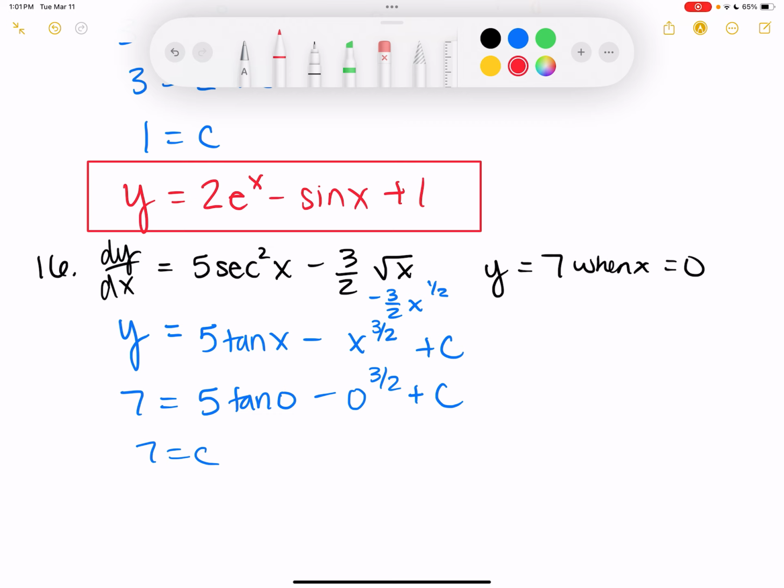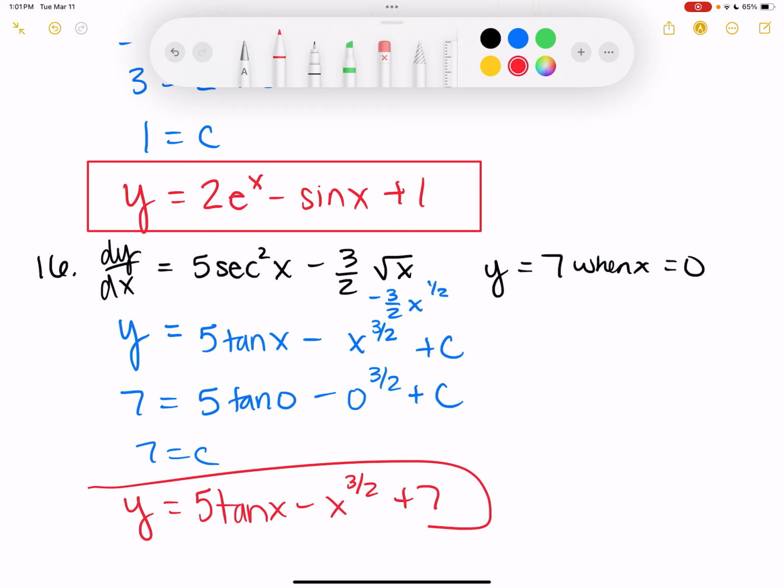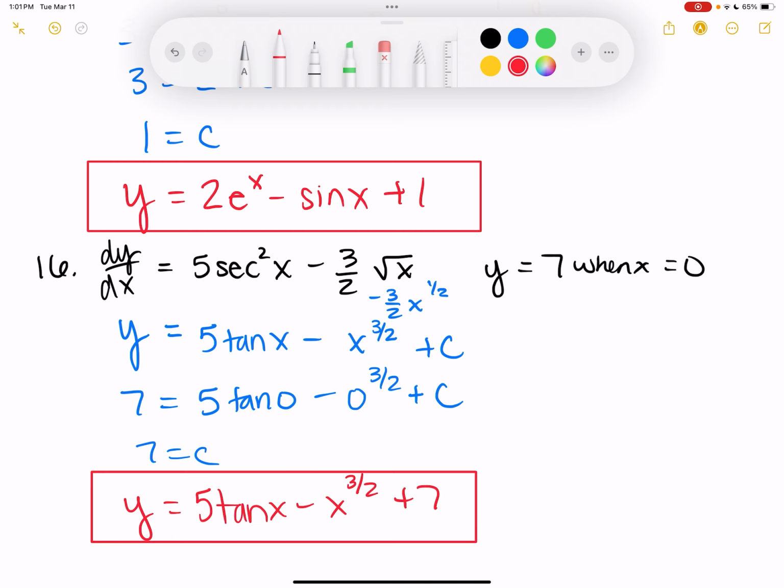So then y equals 5 tangent of x minus x to the 3/2 plus 7. At least this stuff isn't hard. Thinking about the antiderivatives, I guess, that's kind of the hardest part.